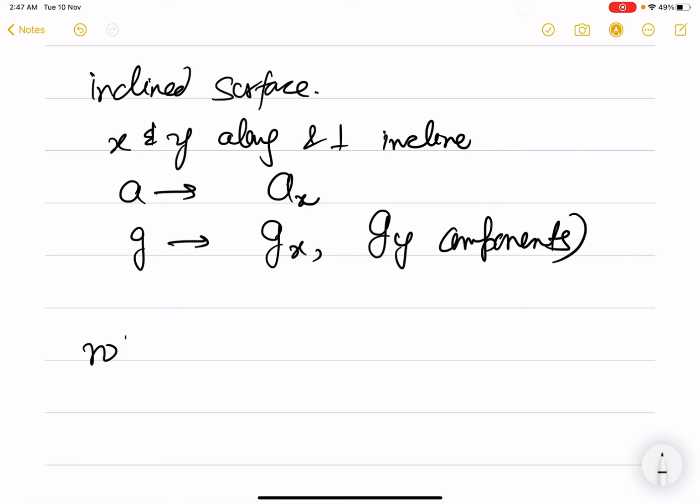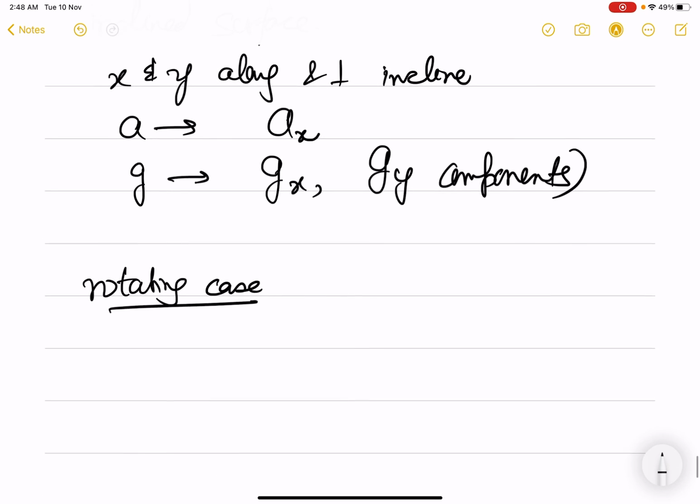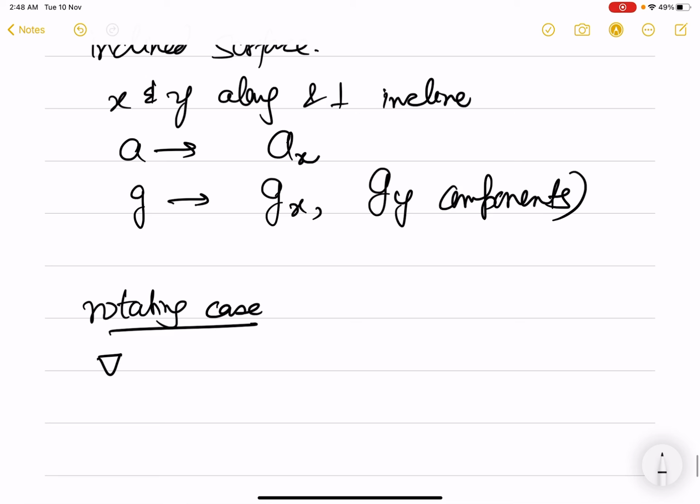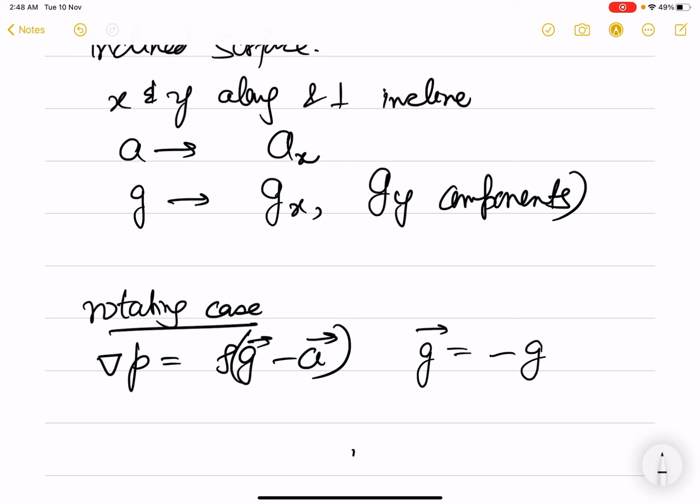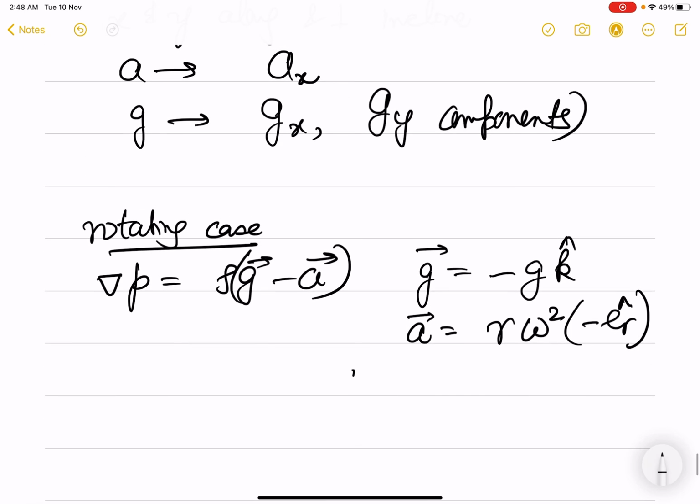Now what about the rotating case? In case of a rotating fluid, once again we start with the basic equation. Grad P is equal to rho times (g minus a). g is equal to minus gk, and acceleration in this case is r omega square in the minus er direction.